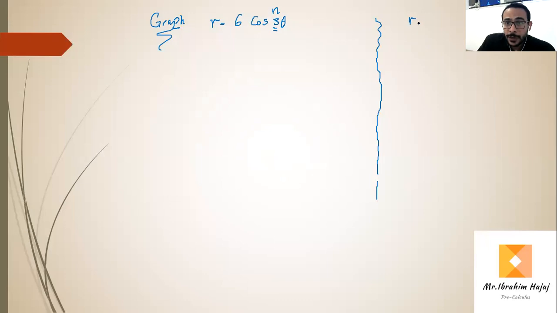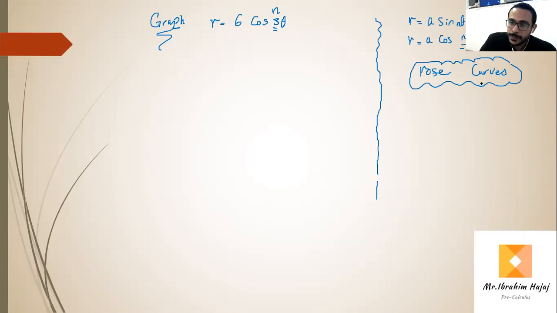So listen carefully. When r equals a sine n theta, we write n theta, or r equals a cosine n theta, since n is included, these are called rose equations or rose curves. The graph will come out as rose curves.